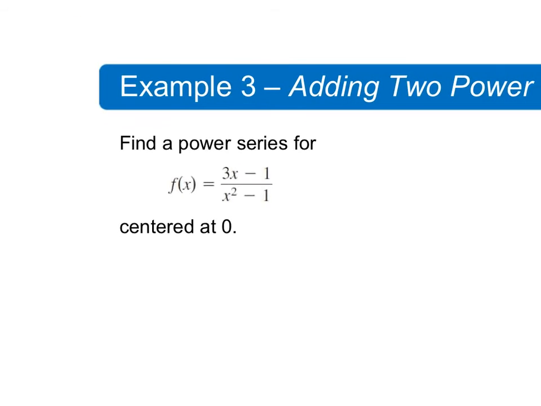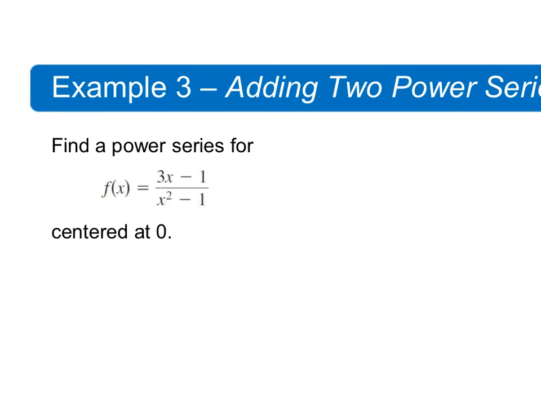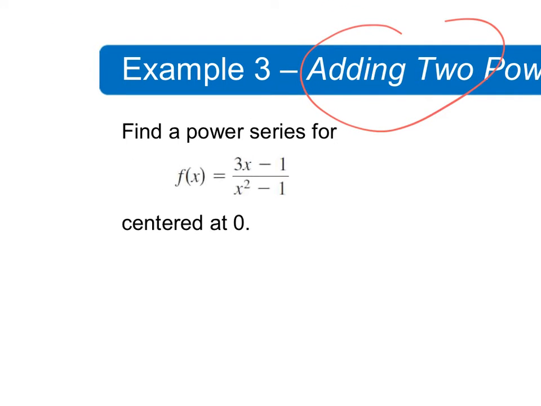Find a power series. So I'm assuming we're going to be adding two. He even says that. Find a power series for this. Now, this doesn't look like it's geometric. It doesn't even look like I could make the top into a constant. But it looks familiar to me because that's a difference of squares.